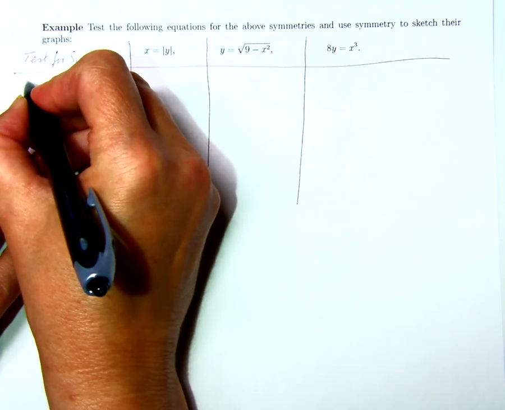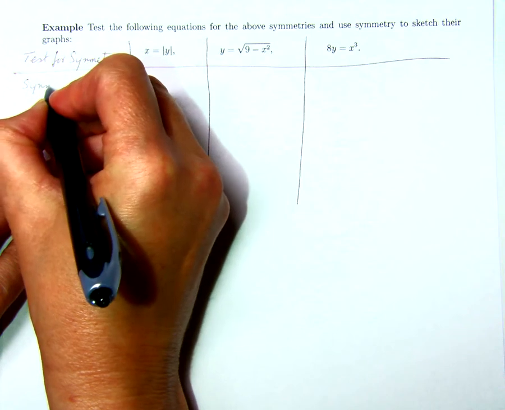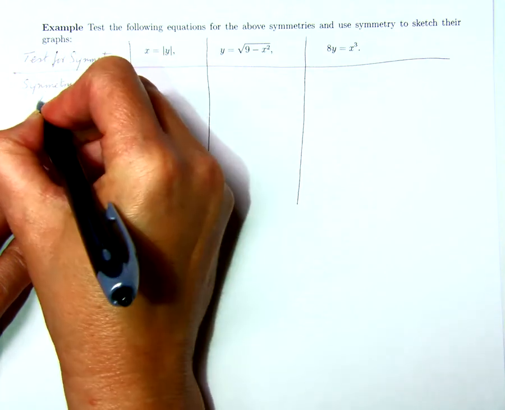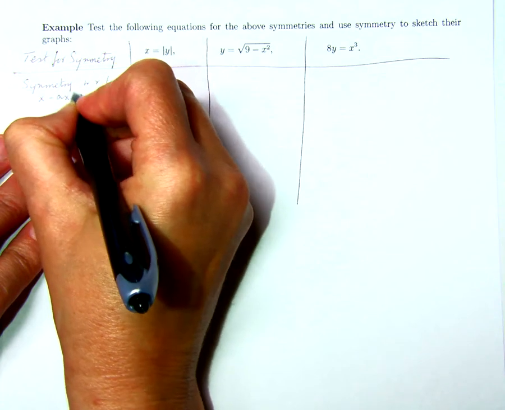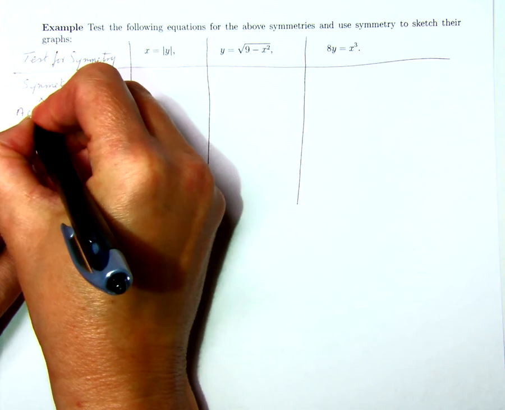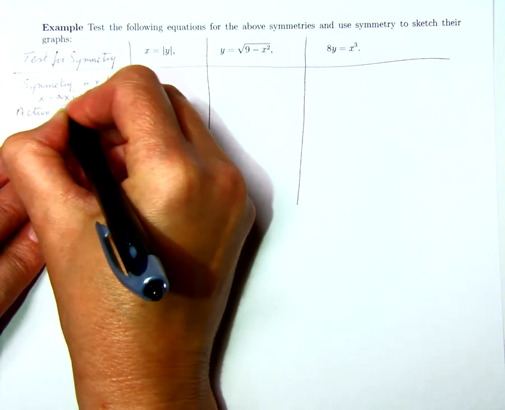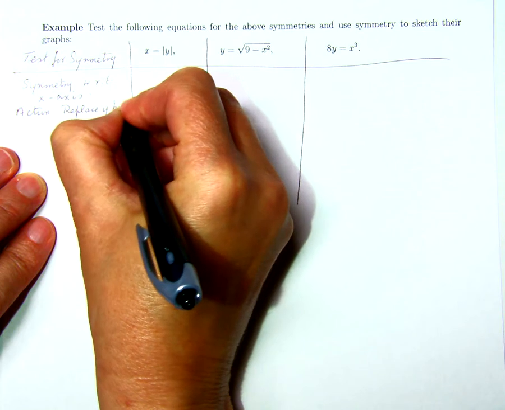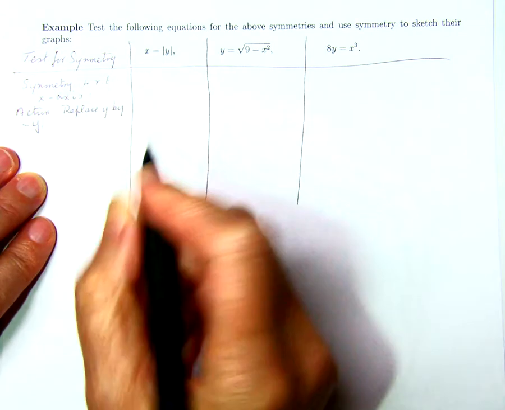So we're going to test first for symmetry with respect to the x-axis. And our action is to replace y by negative y in the equation.